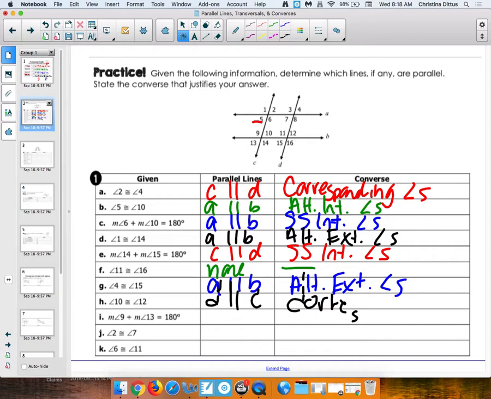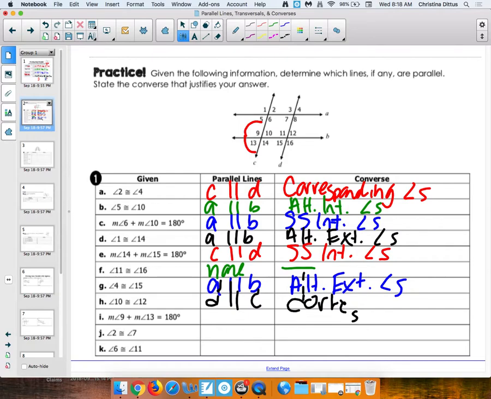If 9 and 13 add up to be 180, can I say any lines are parallel? Is it a special thing? It's a linear pair.